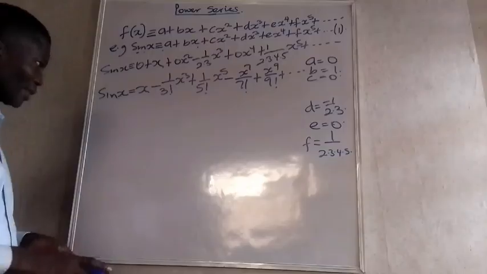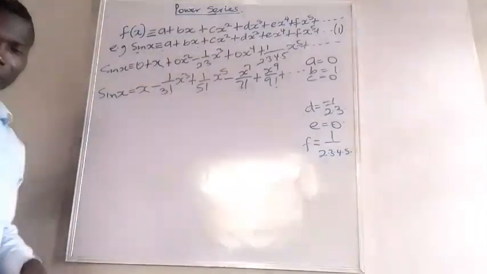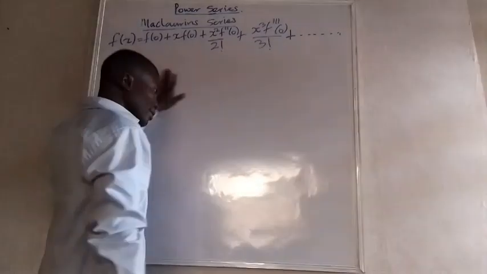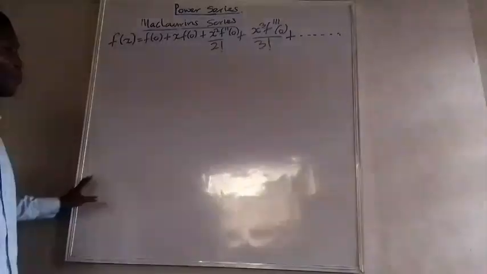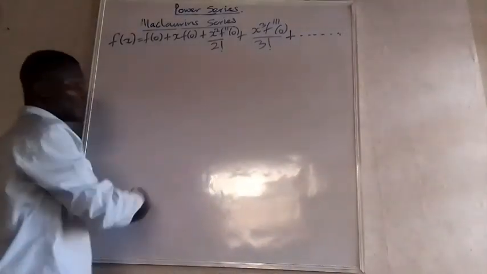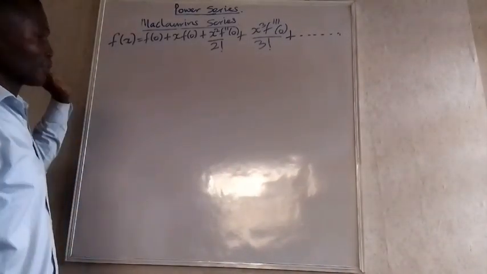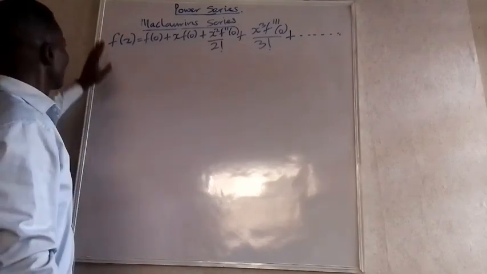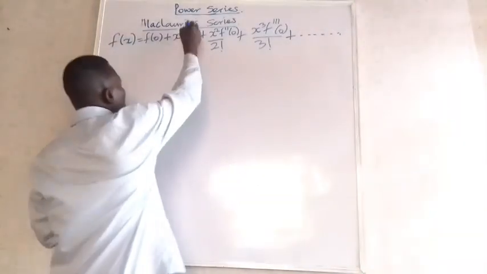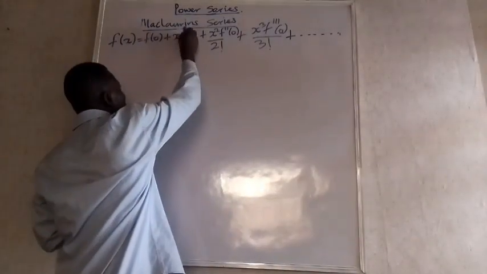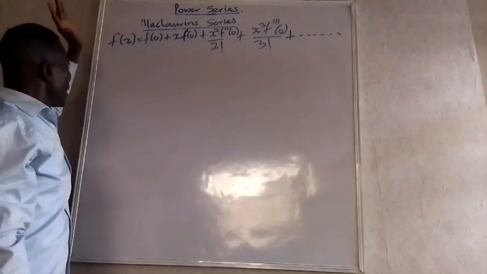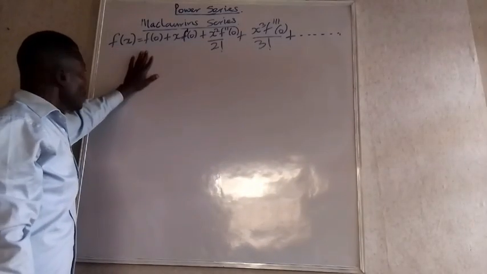Now, this leads us to the Maclaurin series. Under the Maclaurin series, instead of first writing it out as a power series with increasing powers of x, we come straight to the point. If you can differentiate and substitute 0 into each expression, you can come straight to the terms.